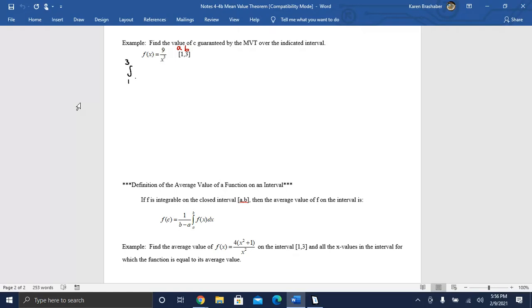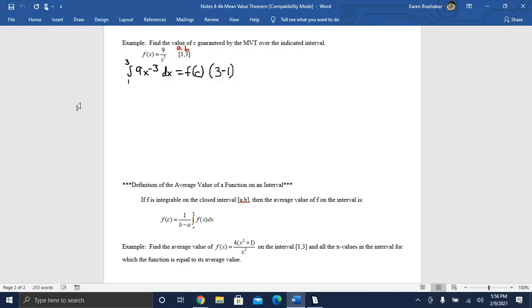I'm going to set this up so that I have 9x to the negative 3 dx equals, and then I do not know f of c. That will be my variable, and then the b minus a is 3 minus 1.